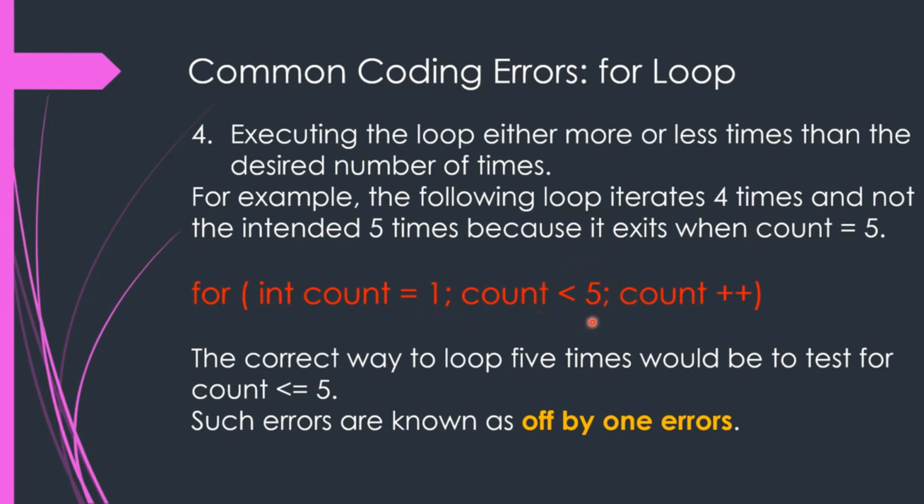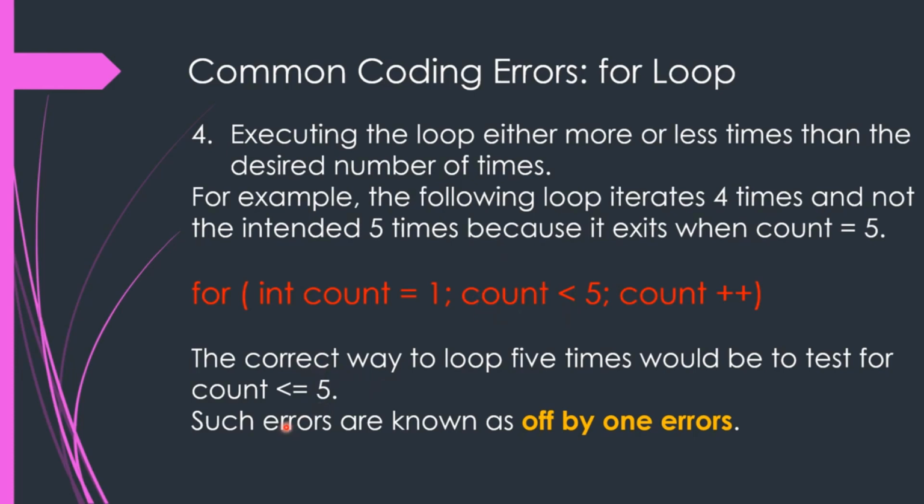But the mistake that we have committed is that we have provided the wrong relational operator. We have provided less than, whereas we must have provided less than or equal to, so that the loop could iterate 5 times. Since we have provided only the less than operator, it will only execute 4 times and not 5 times. So the correct way would be to write count less than or equal to 5.